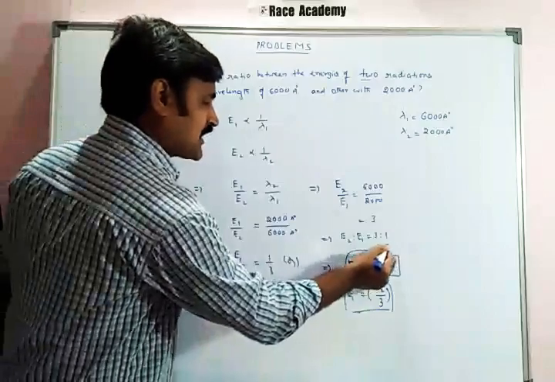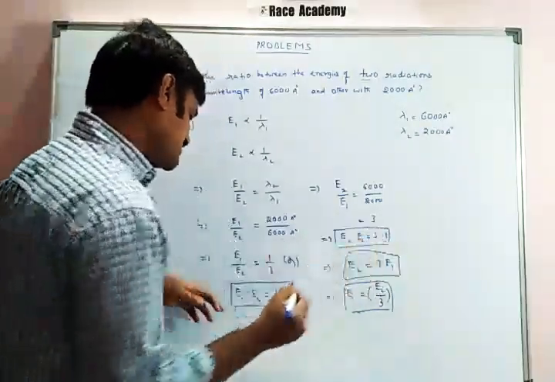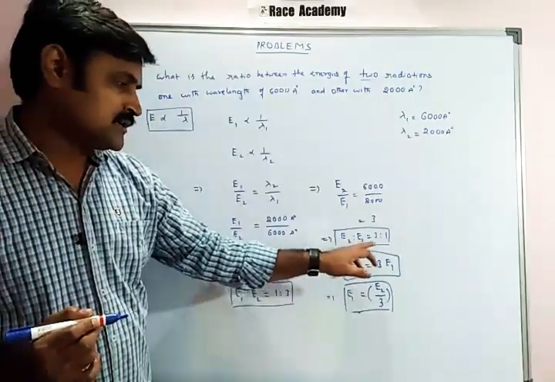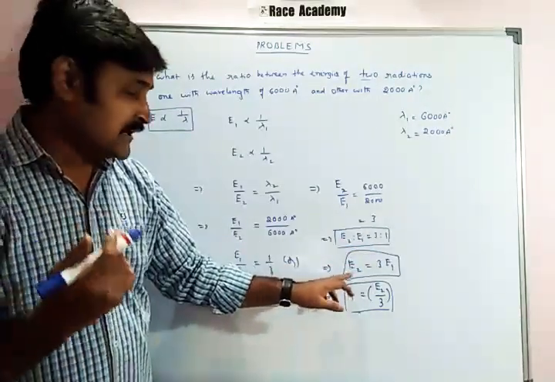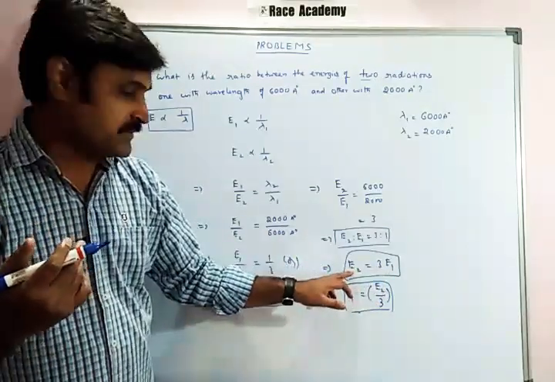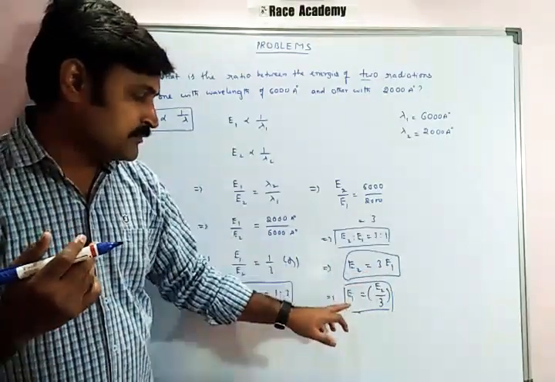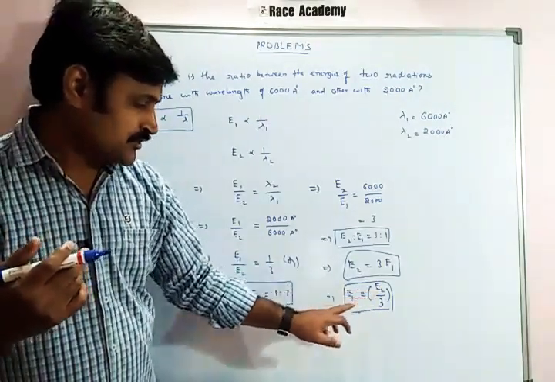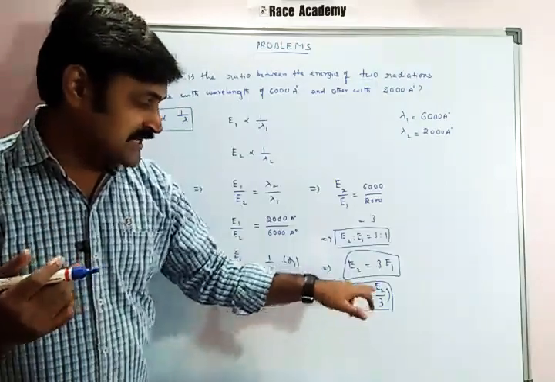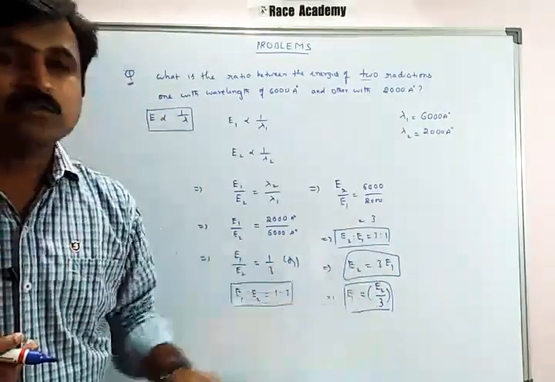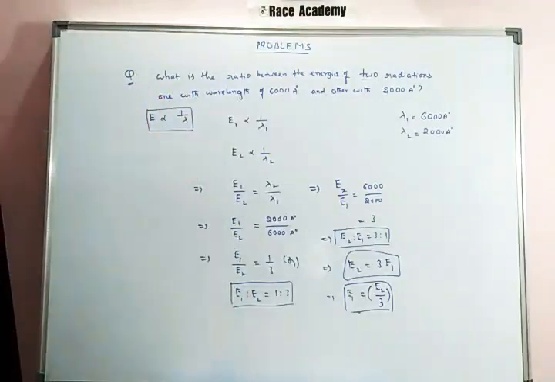Any answer you can write in the examination: E1 is to E2 as 1 is to 3, E2 is to E1 as 3 is to 1, or E2 is 3 into E1, or E1 is 1 by 3 into E2. Like that you can write the answer for this question.